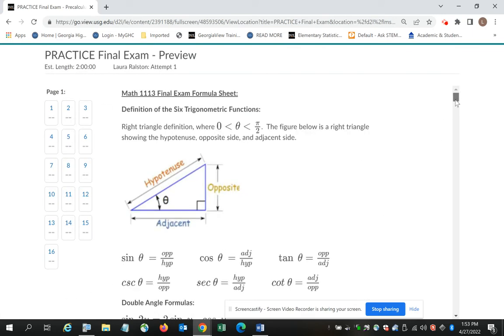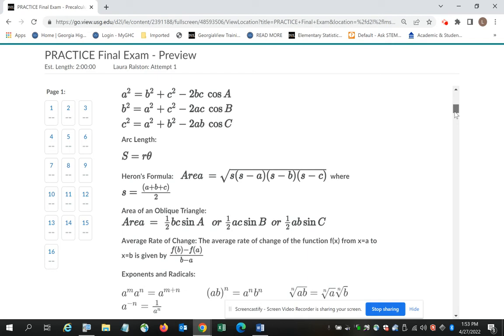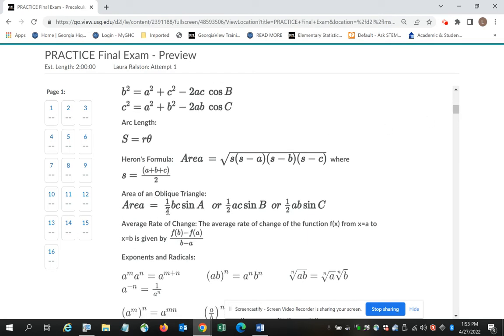Okay, on the formula sheet here, let's see if it has, yes, area of an oblique triangle is 1/2 BC sine A or the other numbers.